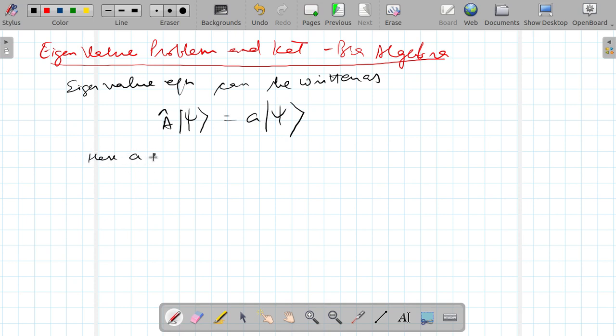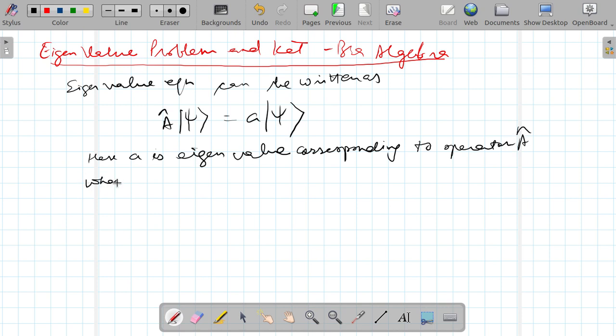Here small a is the eigenvalue corresponding to the operator A when it operates over the ket vector, or eigenvector, psi.